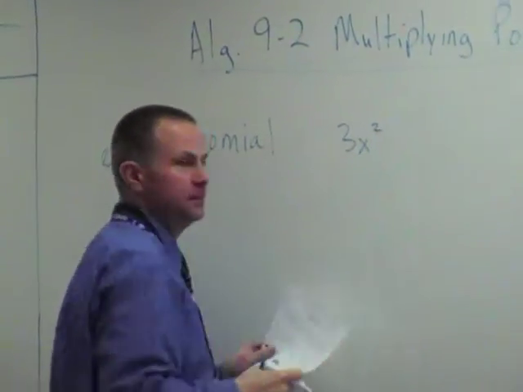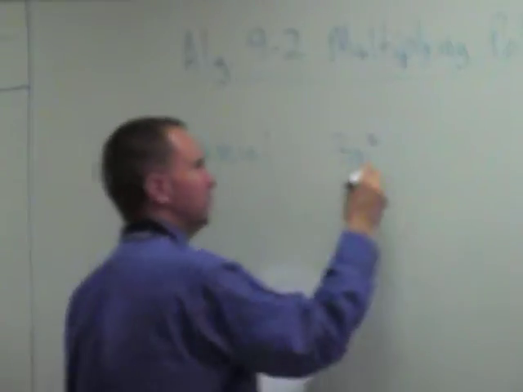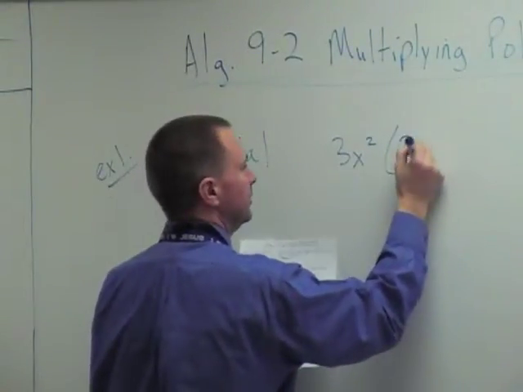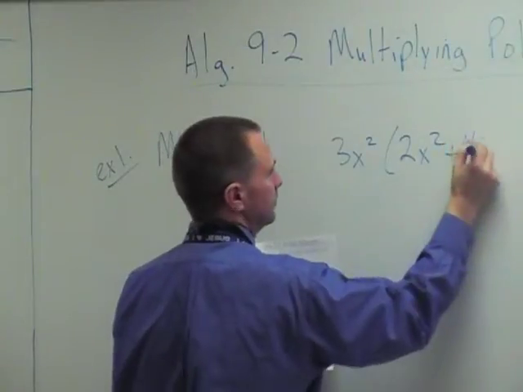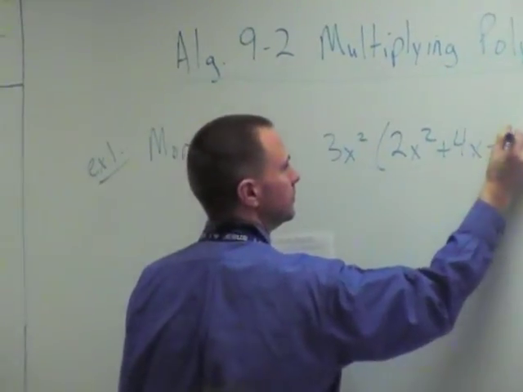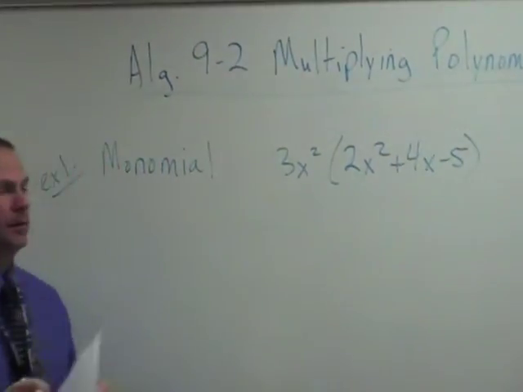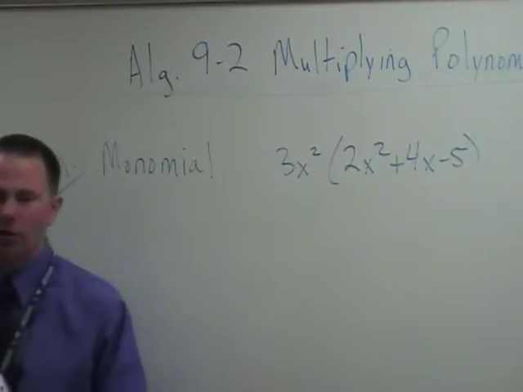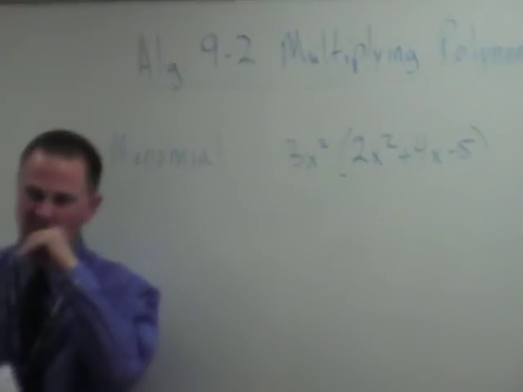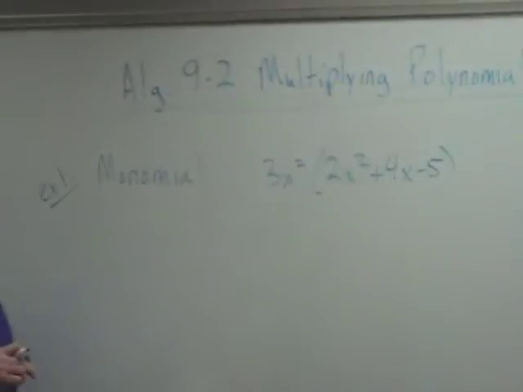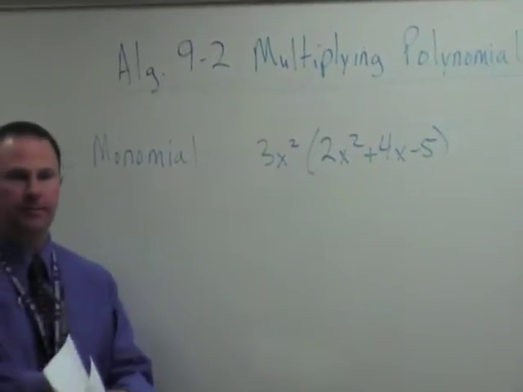Here's a monomial multiplied by a trinomial. Okay, so everybody should know how to do this, but we're going to go through it just to make sure before we do anything more difficult. Are we ready?